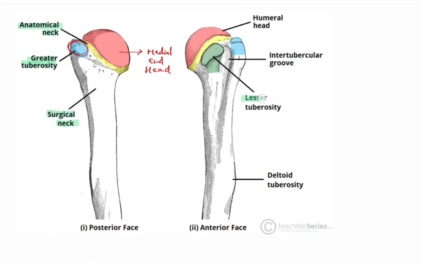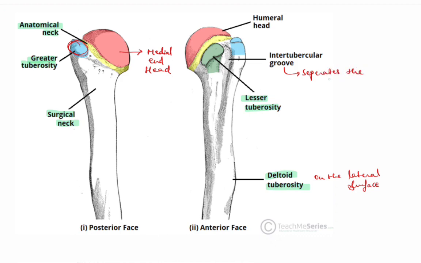On the posterior face of the humerus, this is the deltoid tuberosity, on the lateral surface of the humerus shaft, which we will study later in this video. The deltoid tuberosity is where the deltoid muscles get attached.